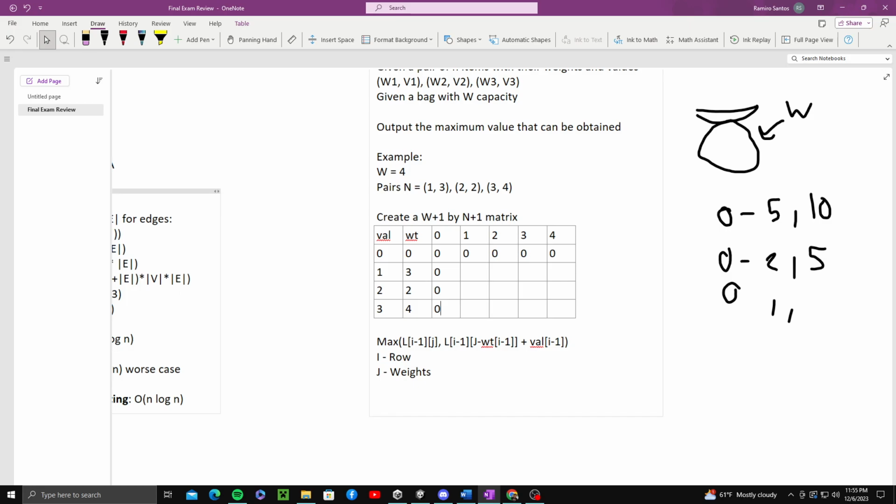Now, you might be wondering, what's this max function that you have here? Well, this max function is mostly going to be calculating what I'm going to be putting in each cell. Whenever I calculate this, I have a value here, and then I have a value here.